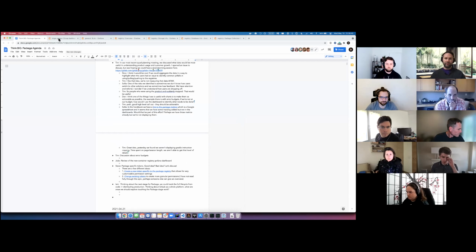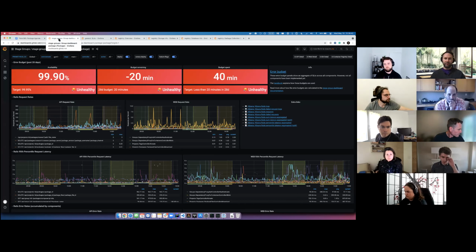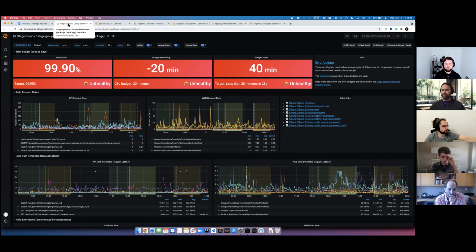So probably for that, we have some documentation about it, but maybe it is not clear where this information comes from, because the error budget is basically just this line on our package group dashboard, and that's it. But behind these calculations, there are three different things.